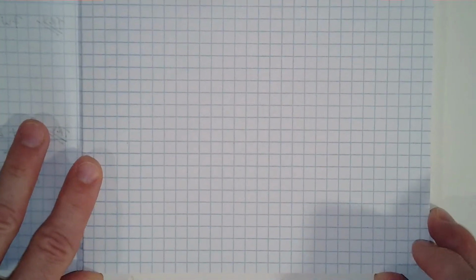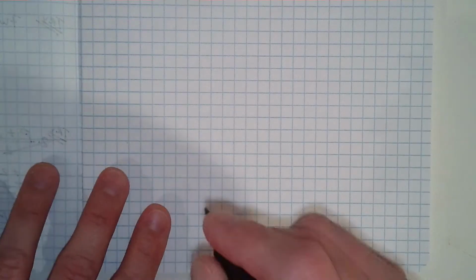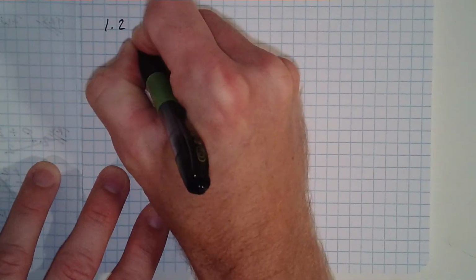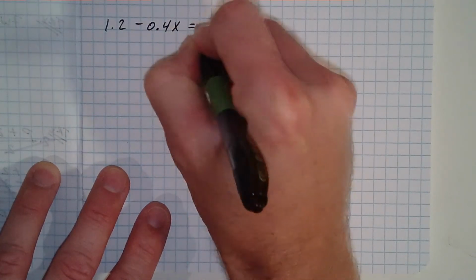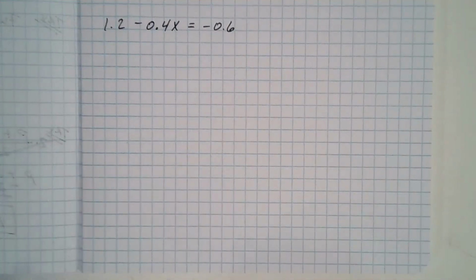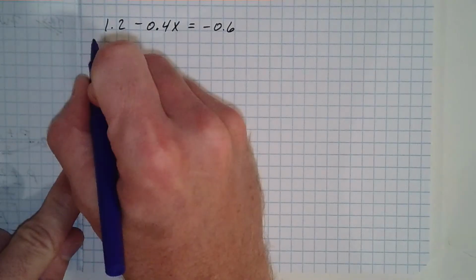Now we're going to do an example with a decimal. We're going to take 1.2 minus 0.4x equals negative 0.6. All right, so my first step will be to subtract 1.2 from both sides.